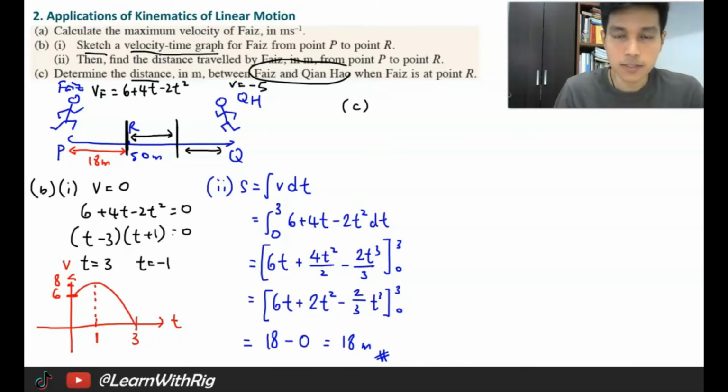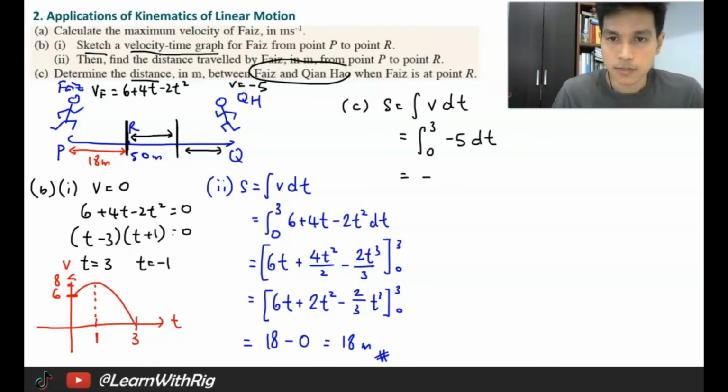Okay, what's his distance? So you have to find question C. You have to find the displacement. So S equals to same thing, integrate v dt, right? So what is the velocity of Chen Hao? Velocity is -5, right? Just now we found out. So velocity is -5 dt, and we are going to go from 0 to 3 seconds. We want to see how far has Chen Hao run, okay, the distance.